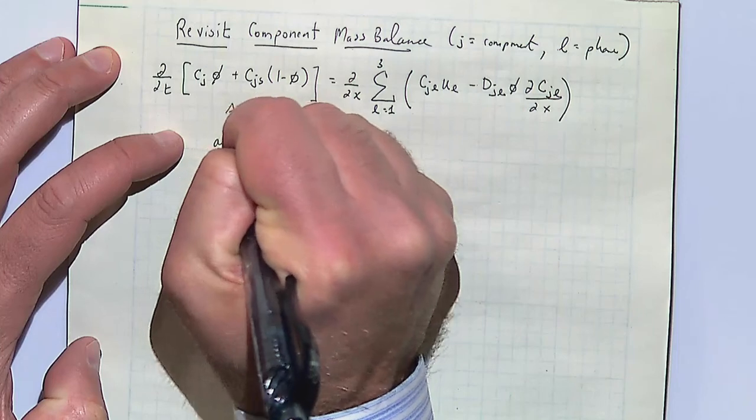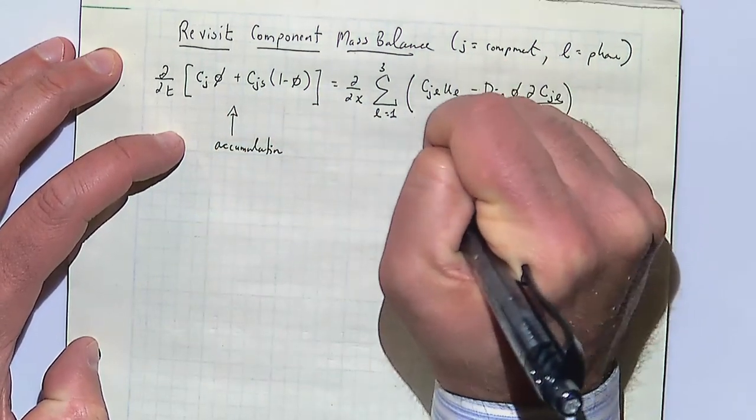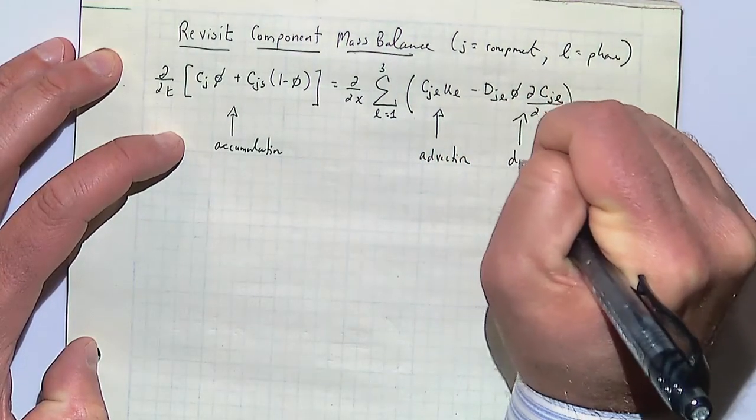So what is this? This is accumulation. This is advection. And this is dispersion.